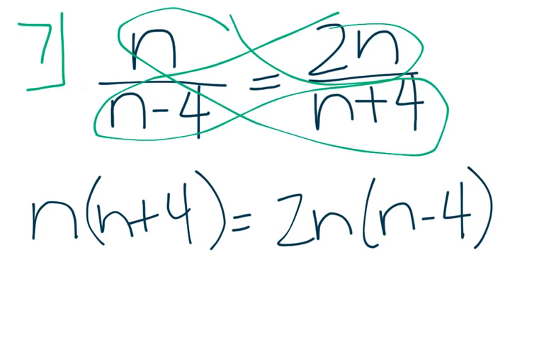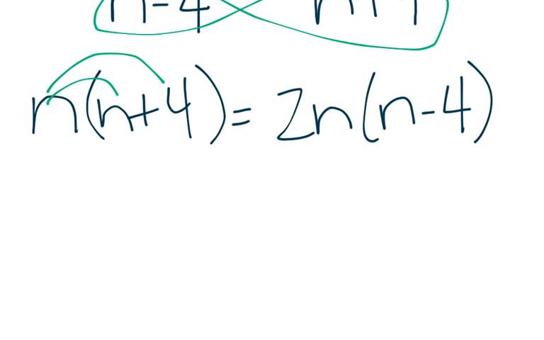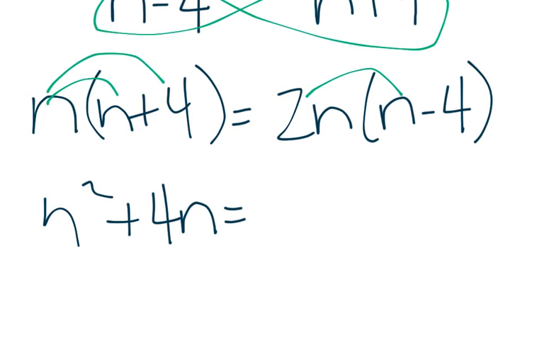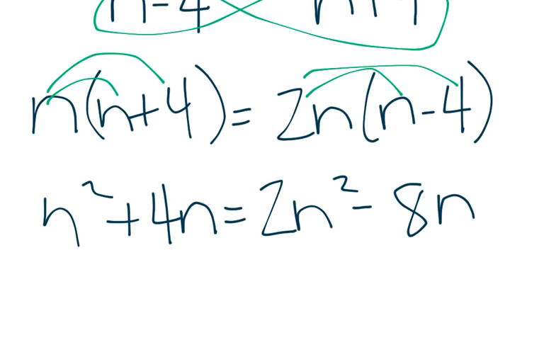And we want to distribute, so we're going to say n times n plus 4 times n, so that's n squared plus 4n equals 2n times n minus 2n times 4. Okay, 2n squared minus 8n.